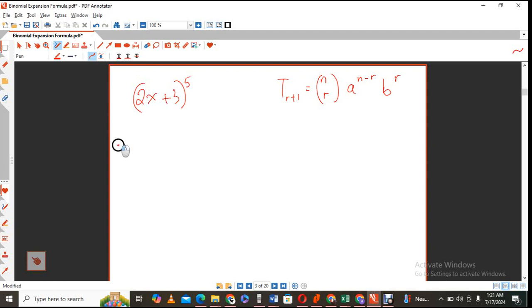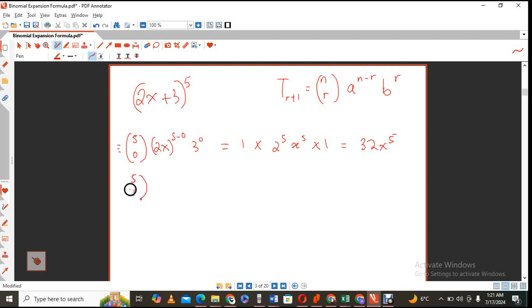So n is 5, choose 0, and my a, the whole a, is 2x, to the power of 5 minus 0, and our b is 3, to the power of 0. So 5 choose 0 is nothing but 1, times 2 raised to the power 5, x raised to the power 5, and times 1 again. You can just go ahead and say this is nothing but 32x to the power 5. What is the next one?